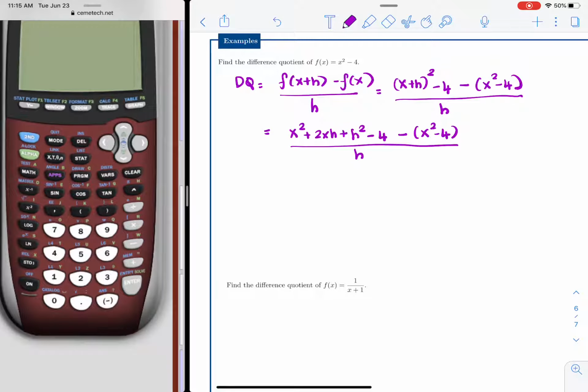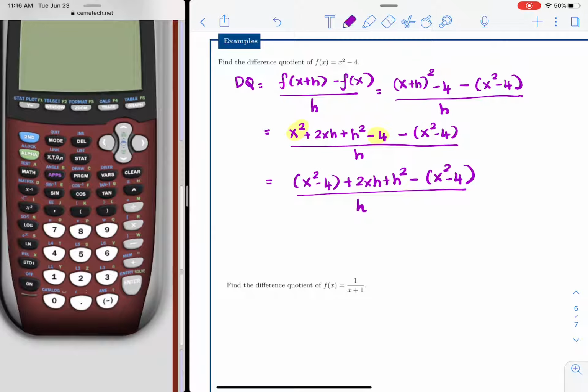Now I'm going to go to the FOIL version and move those terms close to each other and write it this way: x squared minus 4 plus 2xh plus h squared minus x squared minus 4, divided by h.